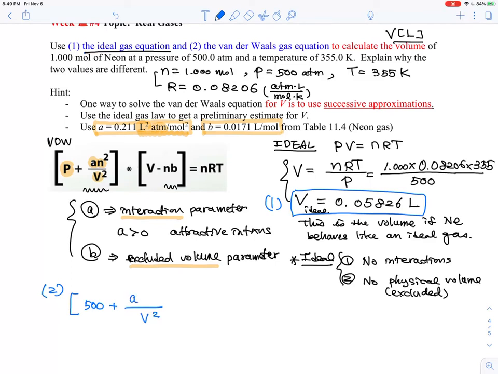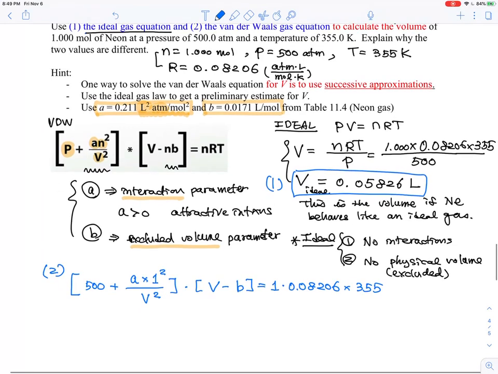Then A, which is the number shown up here, and n, which is 1.0, so 1 squared, multiplied by V minus 1 times B, equals n, which is 1, times R, 0.08206, multiplied by the temperature, 355.